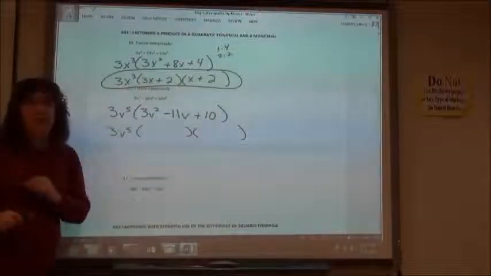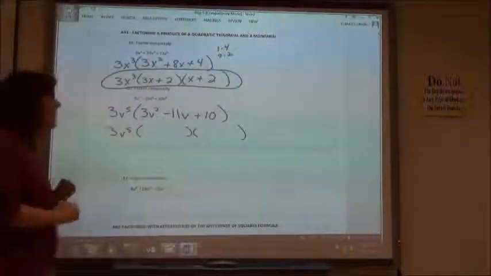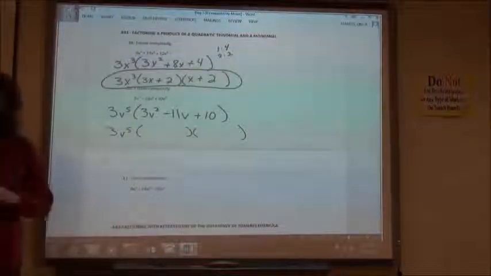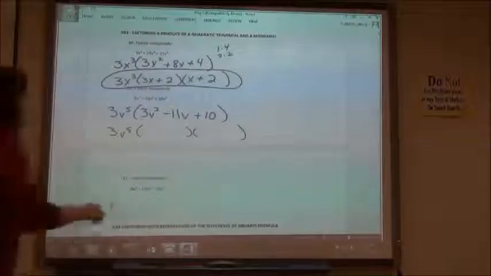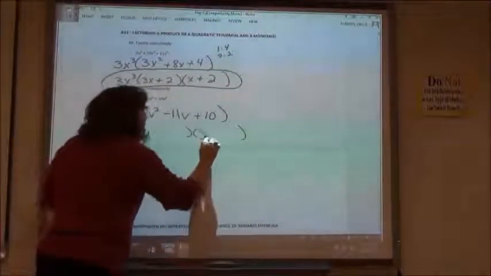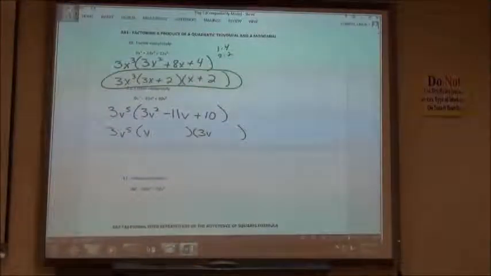So what did you use for your factors for 3v squared? 3v and v, right? Yeah. What are my signs going to be? Doesn't matter if you put 3v and v, it's the same thing.